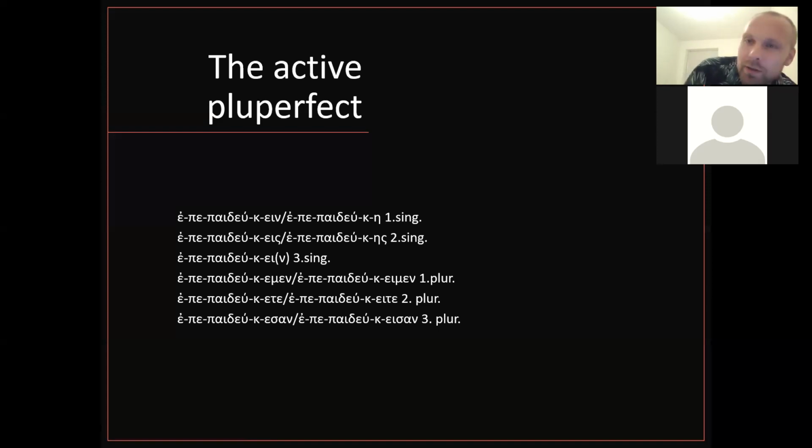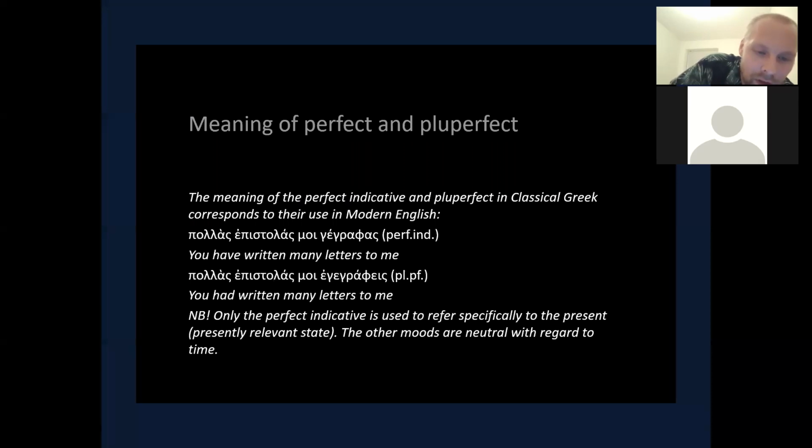Anyway, the time has finally come for the last topic of today, which is the meaning of the perfect and the pluperfect. How is the perfect used in classical Greek, and what does it mean? Well, in modern English, the perfect is normally used to give expression to acts or happenings which have been completed, but which are still somehow relevant.